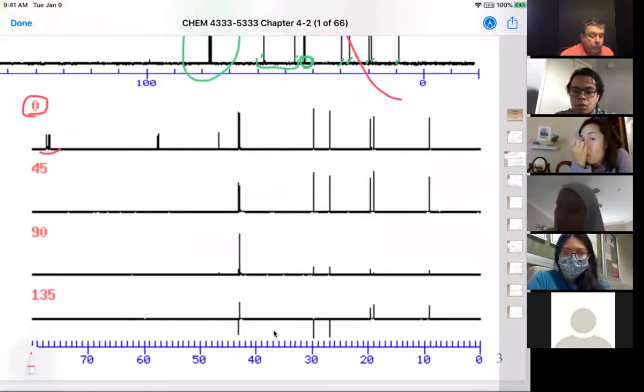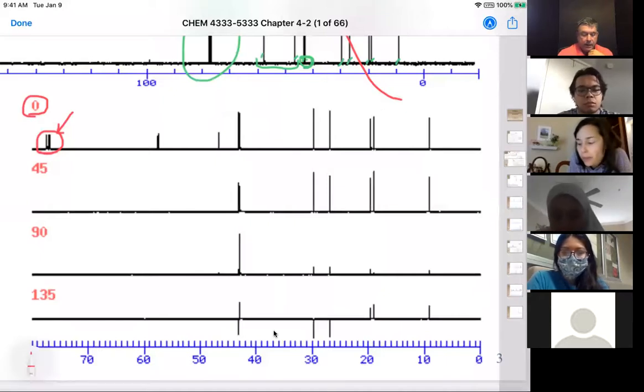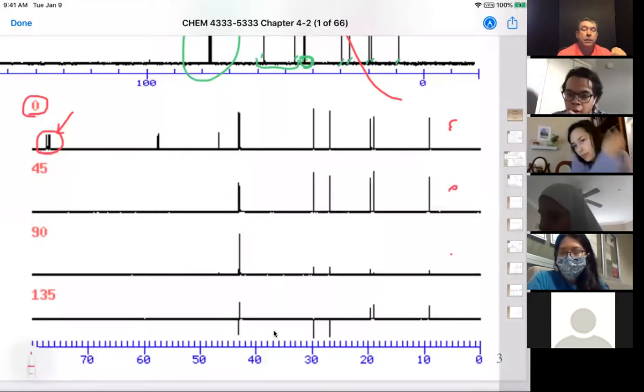And so this is our solvent again, and it goes away when we do the DEPT experiment. So it looks like we have, let's start over here. At our 0 here, we have a peak. At our 45, we still have this peak. At our 90, a lot of those peaks go away.